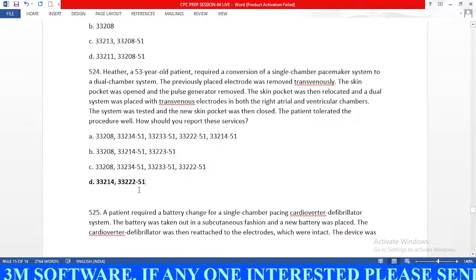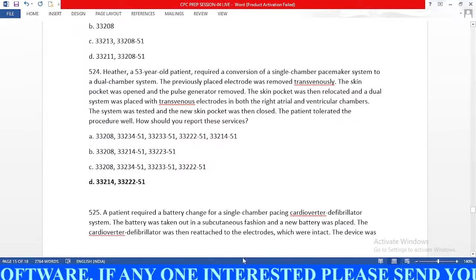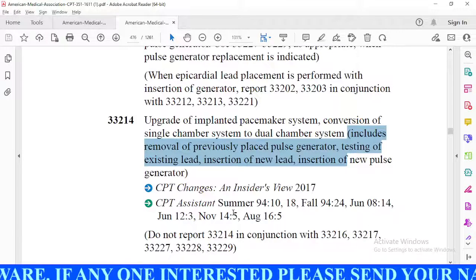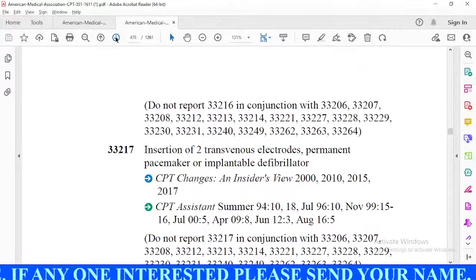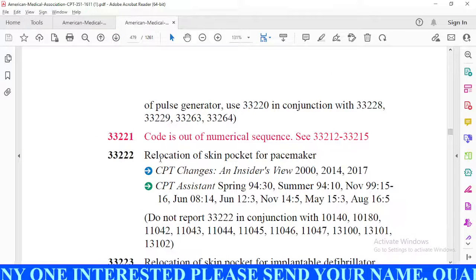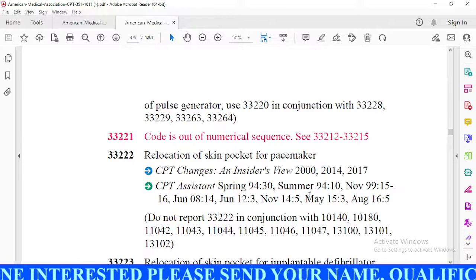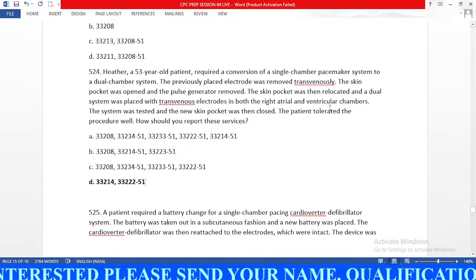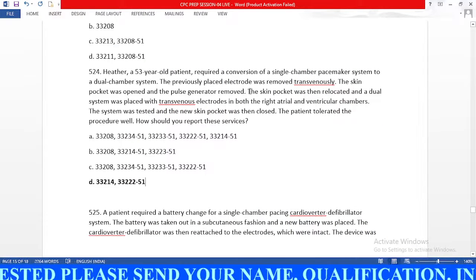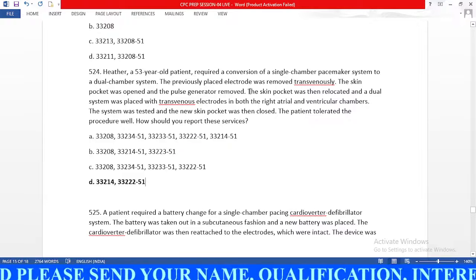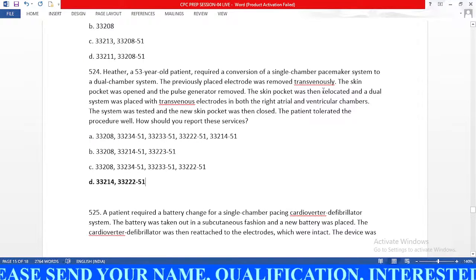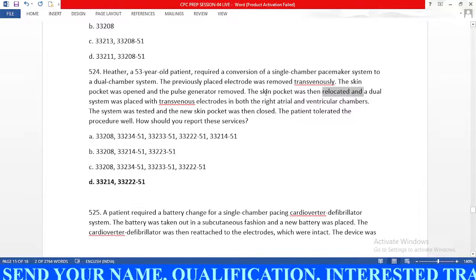So next one we need to check 33222. So here, relocation of skin pocket for pacemaker. As per the description of the procedure, here the physician mentioned relocated the skin pocket.